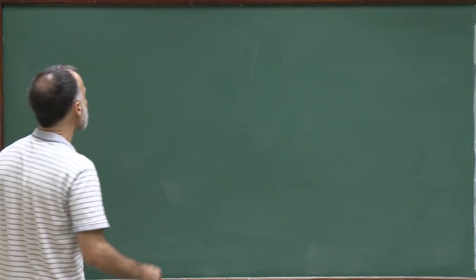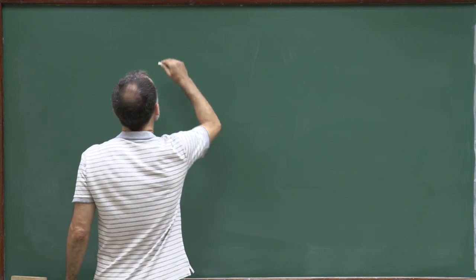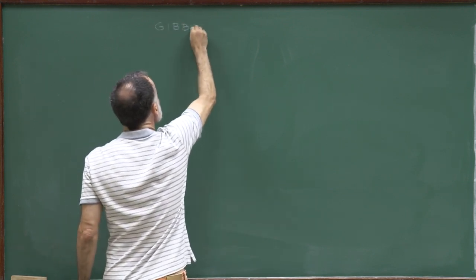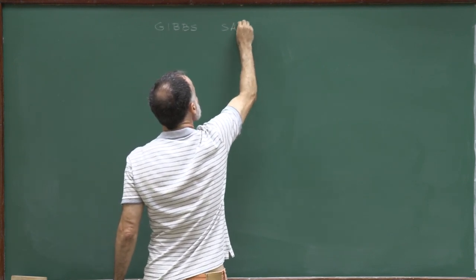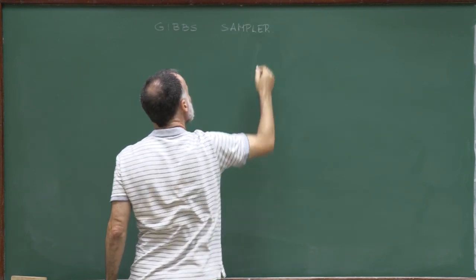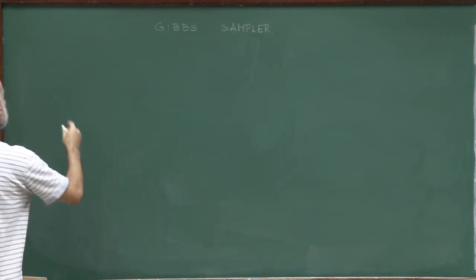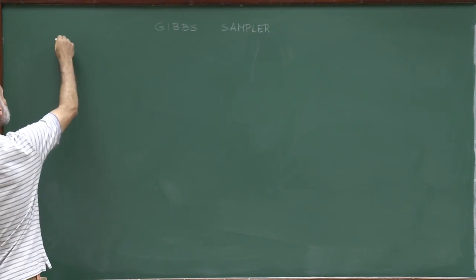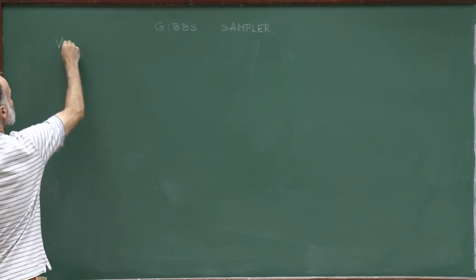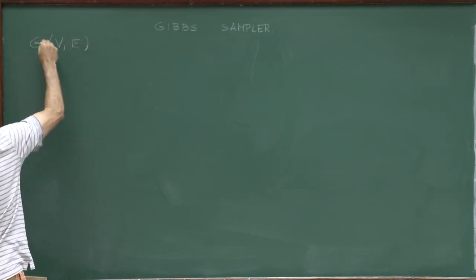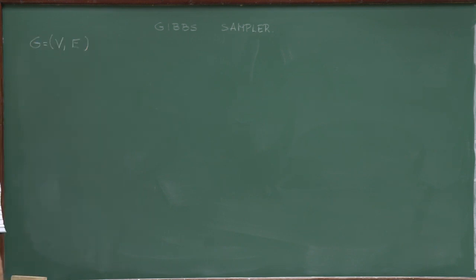Actually, the algorithm I proposed is an example of what's called the Gibbs Sampler, which I will explain now. So the setup is the one we had. We have a set of edges and vertices which forms a graph.